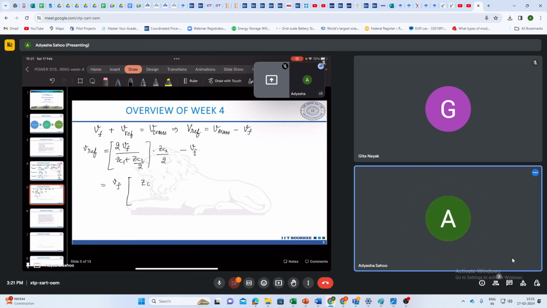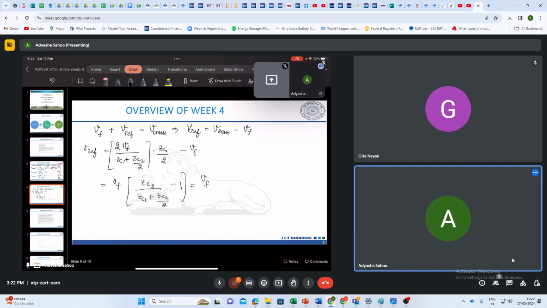ZC2 by 2 divided by ZC1 plus ZC2 by 2, minus 1.